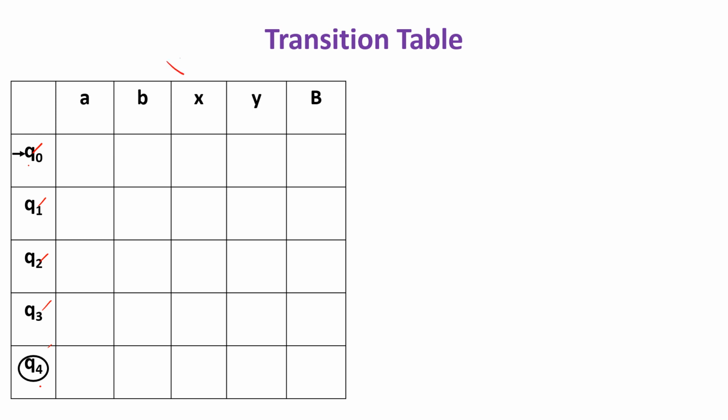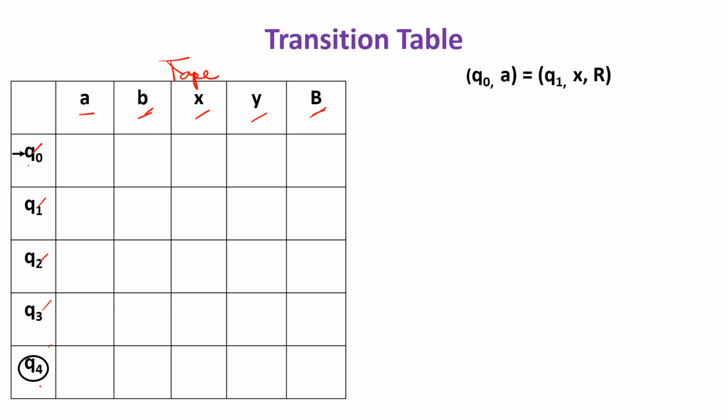Then coming to the tape symbols. Here the tape symbols A and B are initially stored. Then A is replaced as X and B is replaced as Y. So X, Y will be the tape symbols. And finally B. So that you do not have confusion between this b and this B, I have taken the blank symbol as capital B.